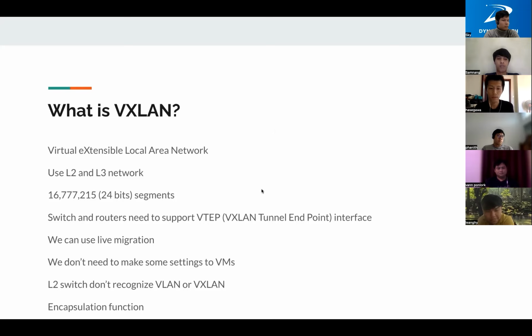It is needed to understand the VXLAN protocol. And of course, we can use live migration in VXLAN. Also, we don't need to make settings in each virtual machine, just make settings on switches or routers.